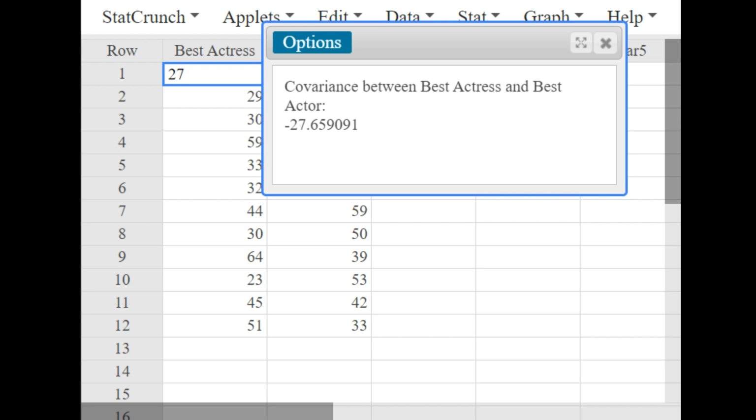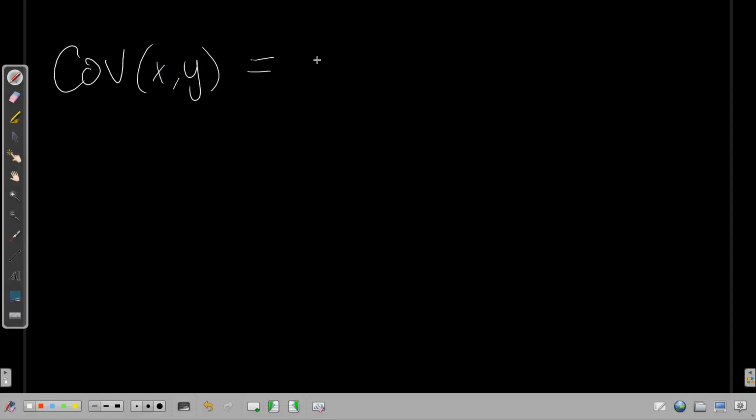So I get a covariance of those two columns, minus 27.659091. There's my covariance.